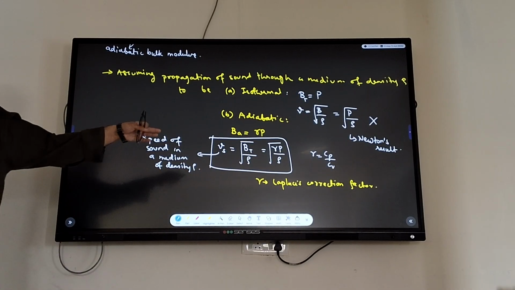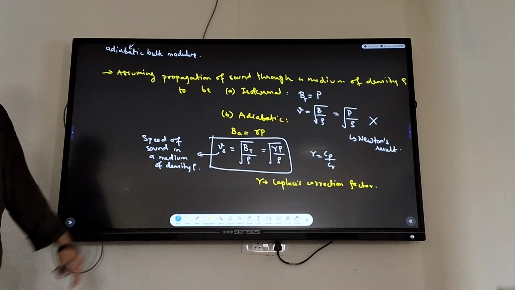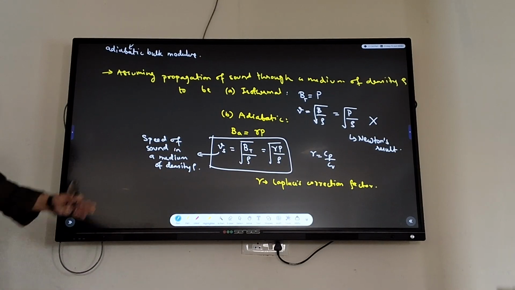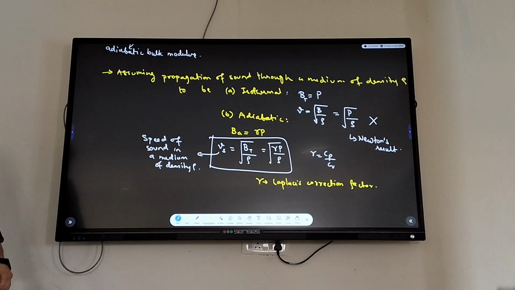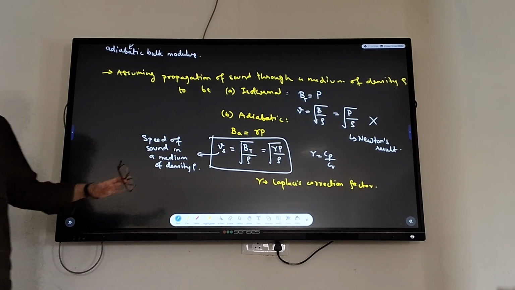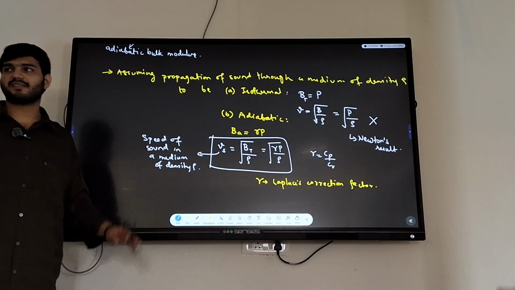Let's go a little further. Can you already remember that this can also be written as gamma RT by M? It can be. Can you do it yourself? For that, what do you have to assume? For finding gamma RT by M, you have to assume that the whole medium is made up of ideal gas.